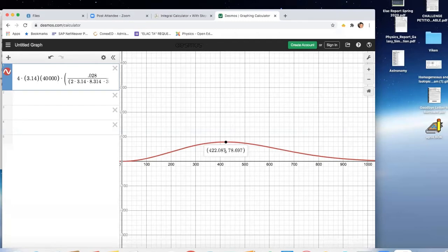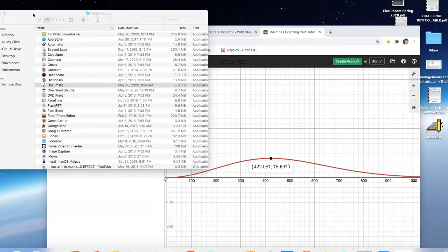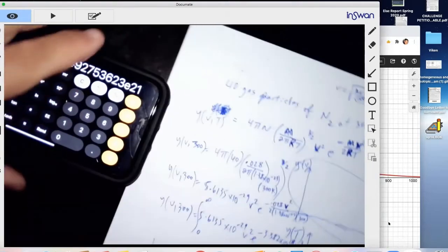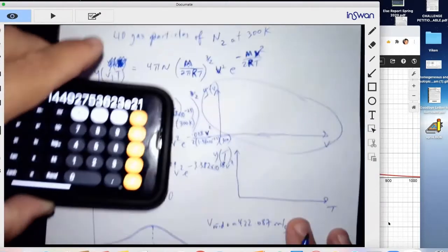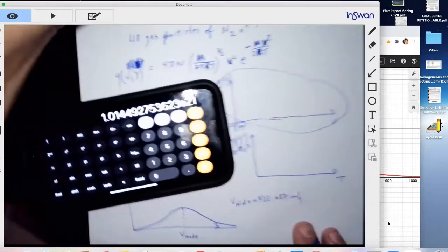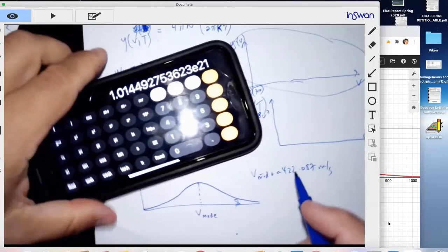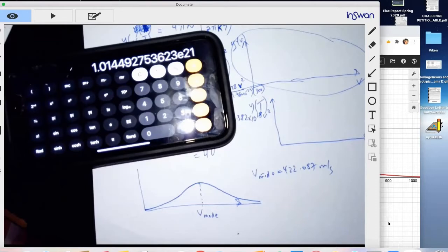Right? 422.087. Right? Now let's use the equation to find out the velocity of the mode, and let's see if they are the same.